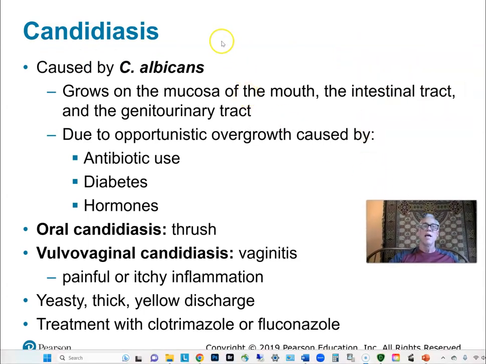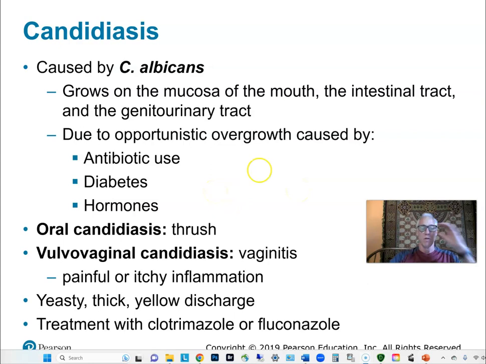Candidiasis. Candida albicans is again a normal inhabitant of the body in virtually every place in all the external, quote unquote, organ systems: urinary system, definitely the digestive system, nasal cavity, oral cavity, and reproductive system. But if they get out of balance, if they're allowed to overgrow, then you can have problems.